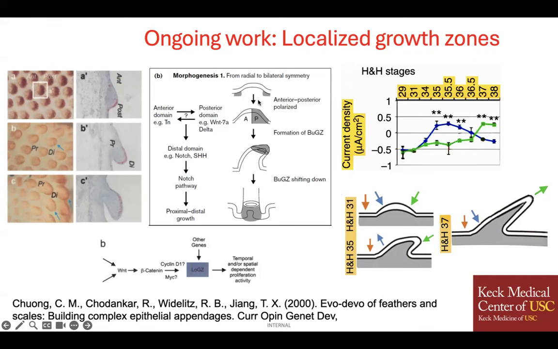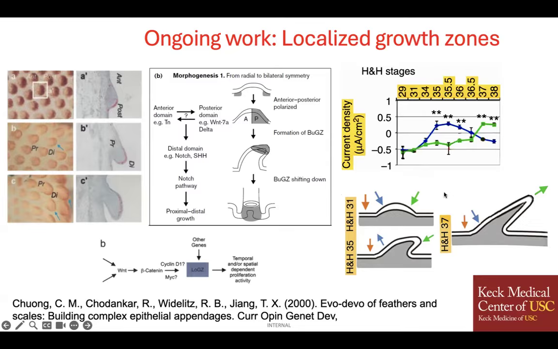And if you look here, essentially we see this current flipping at a specific time. It turns out that the growth zones migrate from the tip of the feather bud to the base of the feather bud, the so-called bulb or follicle base.